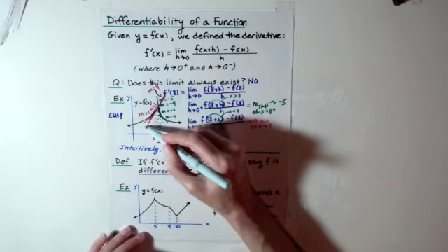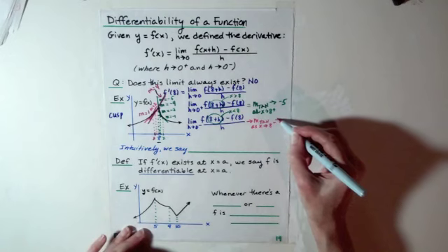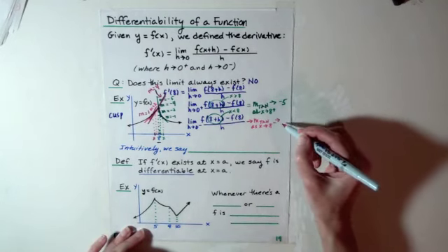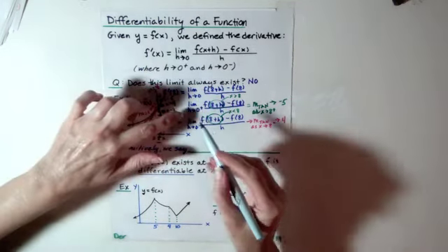So it looks like a fairly large positive slope, and so I'm going to say the slope of the tangent lines as I get closer and closer to 8 from the left look like they're going to be some positive value, such as 4.